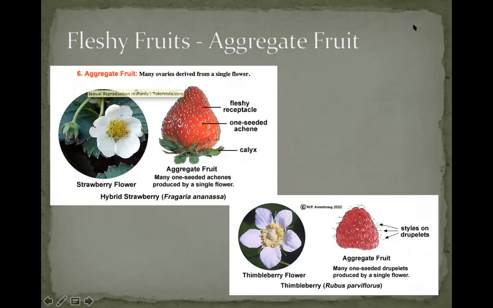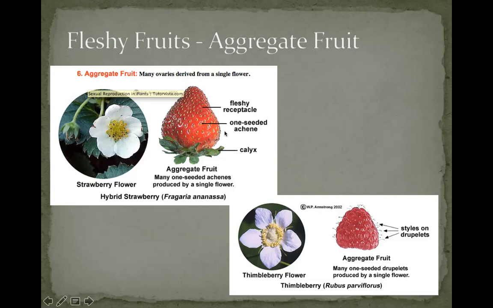Okay, so now we're gonna go into what strawberries actually truly are. I believe they're technically called accessory fruits, but we typically refer to strawberries, raspberries, I believe blackberries as well too, as aggregate fruits. So they are not a true berry.